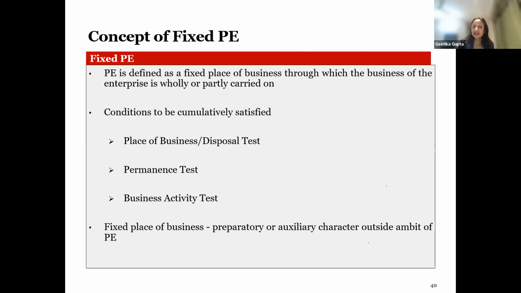Is the place through which the business is carried on, let's say the Indian subsidiary premises, at the disposal of the foreign enterprise and meeting all the conditions? It can result in a PE. But if the conditions are not satisfied and simply there is an Indian subsidiary of the foreign company, simpliciter presence of an Indian subsidiary will not result in a fixed place PE.